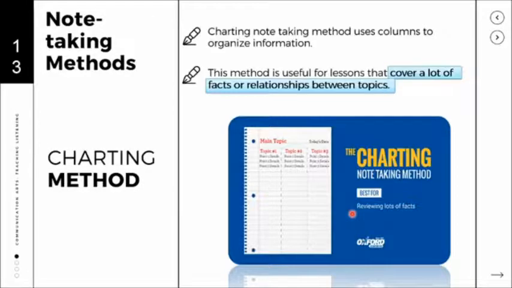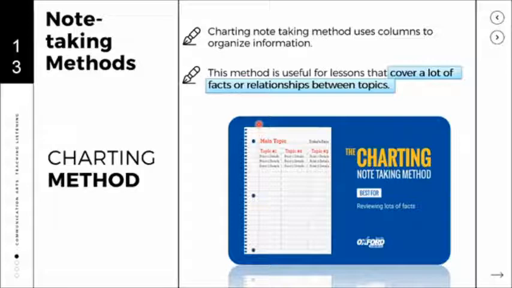Next in line is the charting method. The charting method uses columns to organize information. This is literally a spreadsheet in your notes, or the table format of your notes. This method is useful for notes that cover a lot of topics, facts or information, or relationships between the topics.